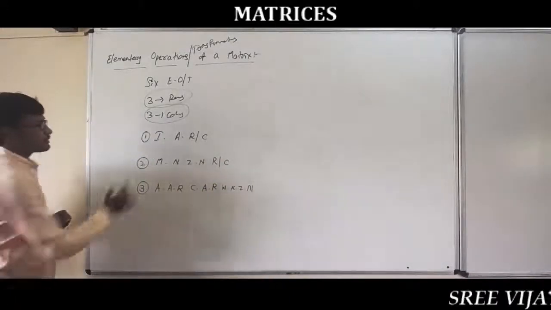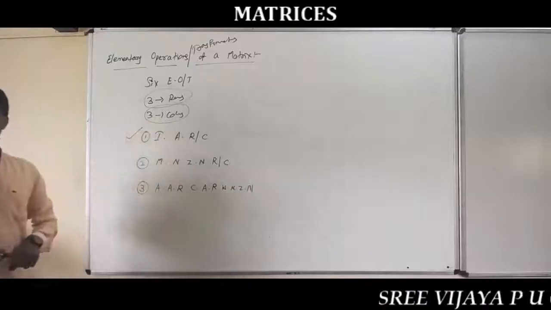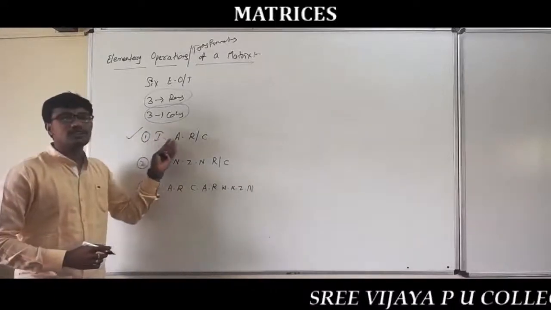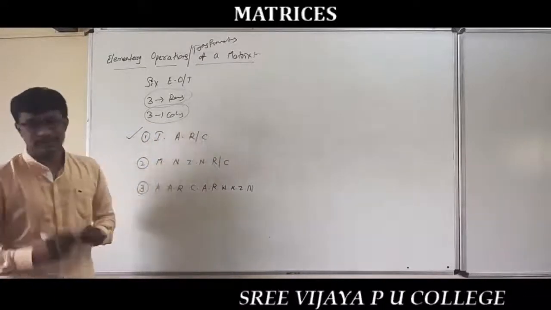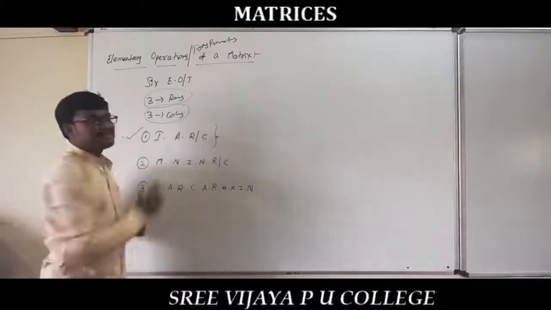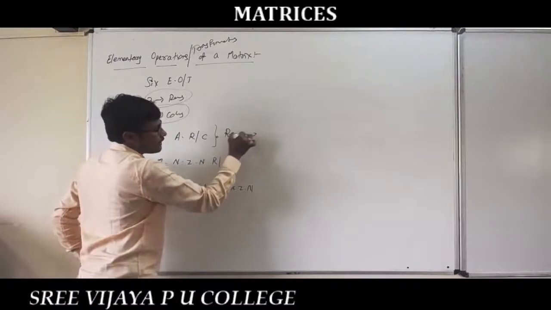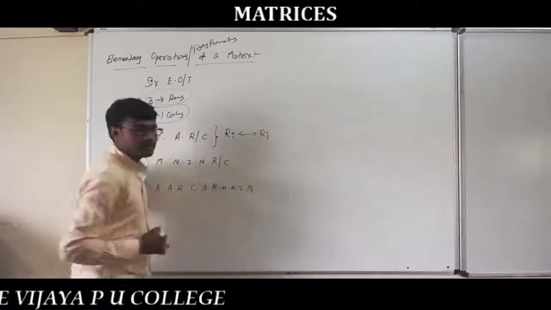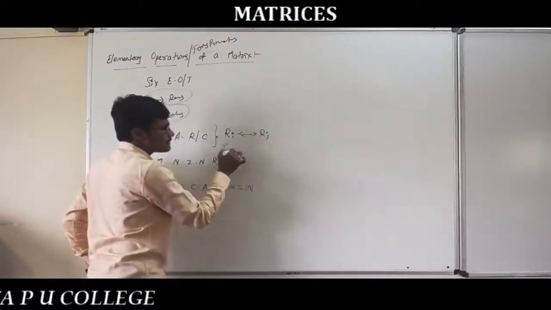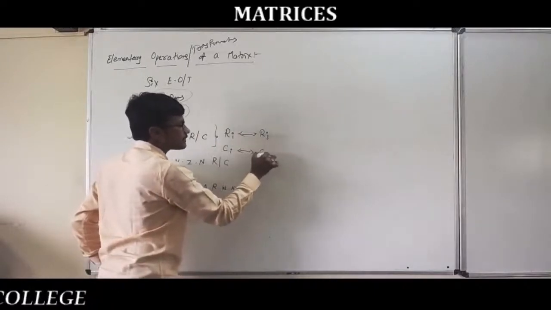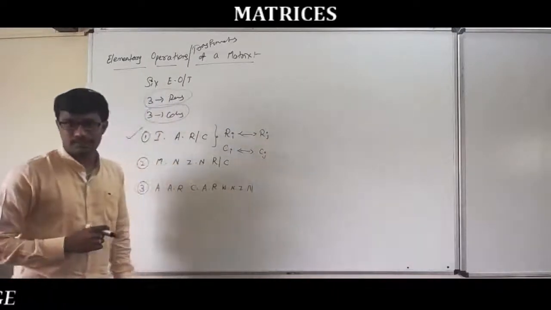First we discuss the first one, that is interchange of any rows or columns. Symbolically, Ri interchanges to Rj for rows, and Ci interchanges to Cj for columns.